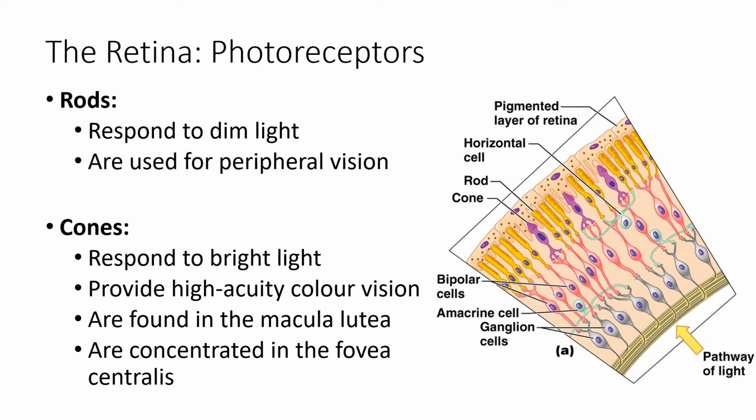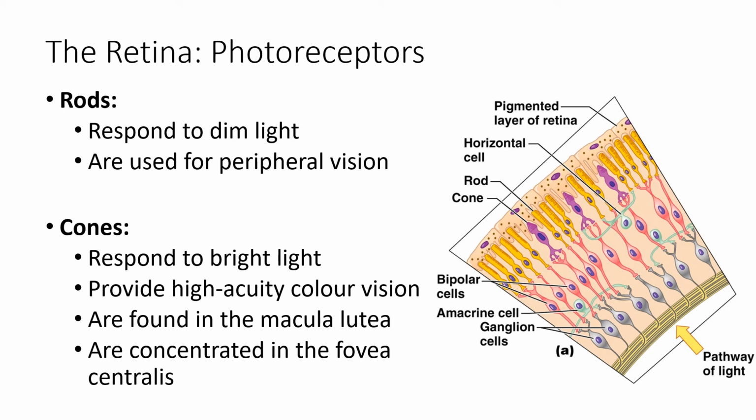Cones provide us with high acuity, which is a fancy term for high resolution vision. And the cones are found almost entirely within the macula lutea. Within the macula lutea, remember, we have a pit in the center, a very small pit, known as the fovea. And the fovea is entirely cones.